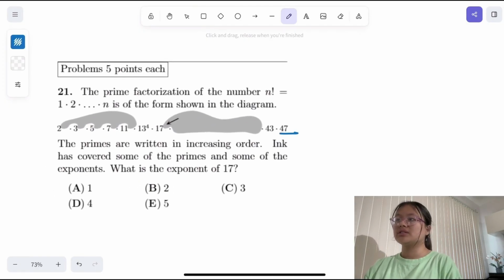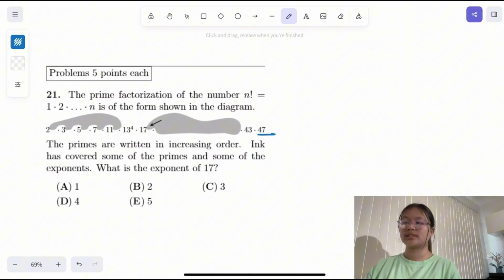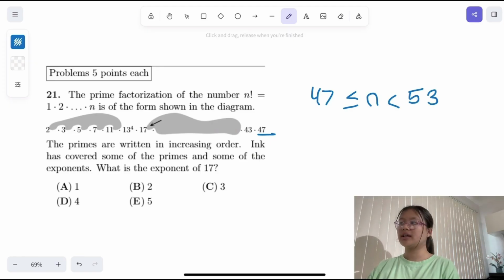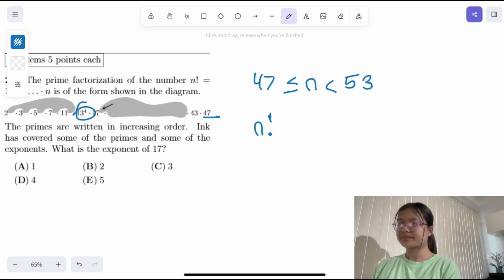So that's what we're trying to find. Alright. So the appearance of prime number 47 shows that 47 is less than or equal to n, and also n is less than 53. The reason why I put 53 at the end is because that is the next prime in our list that they have given us. Since 13 to the power 4 is part of our prime factorization, that means 4 multiples of 13 will be included. So what we can do is draw that.